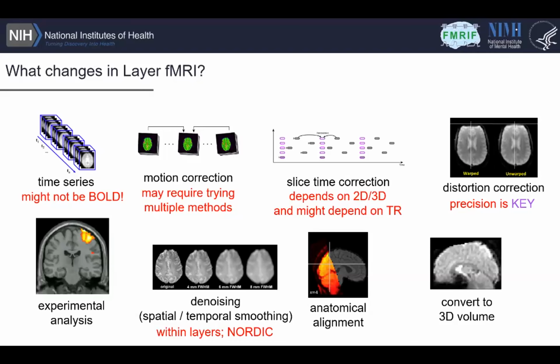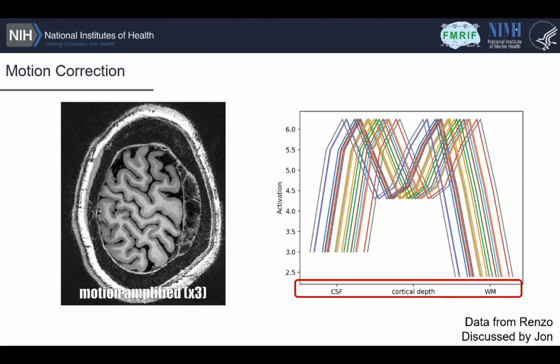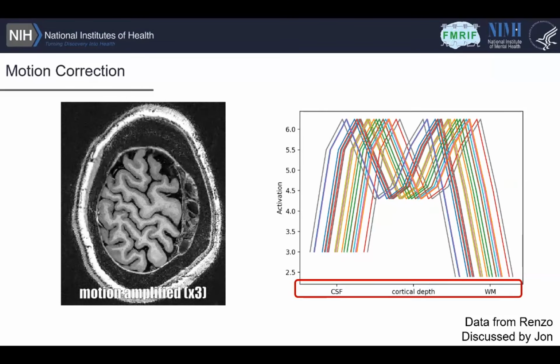At the same time, denoising, we're going to hear a little bit about Nordic. This is a new feature to try to specifically get rid of thermal noise. But we also know about mechanisms of smoothing within the layers specifically. And so I'm just going to very, very quickly highlight what this means for that little plot that we had at the beginning.